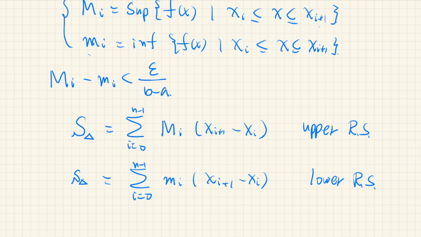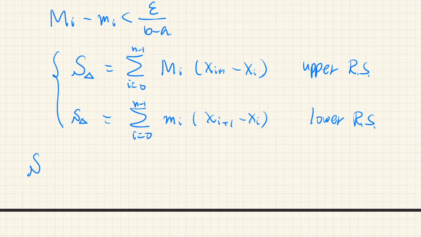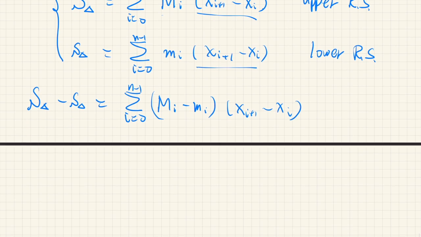Now we calculate the difference between these two sums. So capital S delta minus lowercase s delta. So this one and this one, they are common factors, so we can factorize. After factorization, we get large Mi minus small mi times xi plus 1 minus xi.